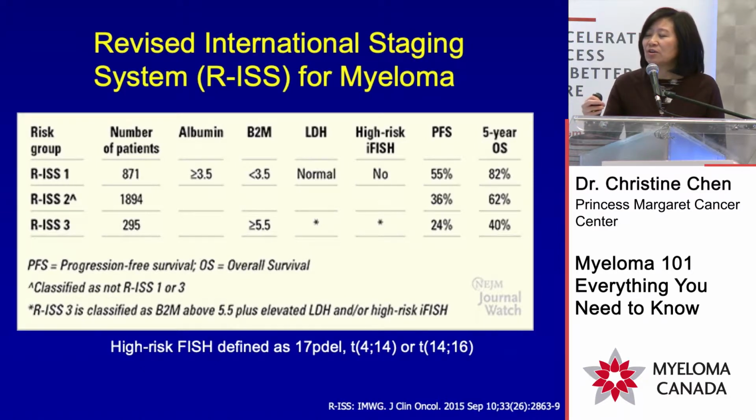When we put that all together, it gives us an idea of primarily your progression-free survival, or basically the duration of time before your disease starts to grow again. So it's helpful, but it doesn't usually dictate the treatment, and we tend not to spend a lot of time on the staging, but it's here if you are interested.